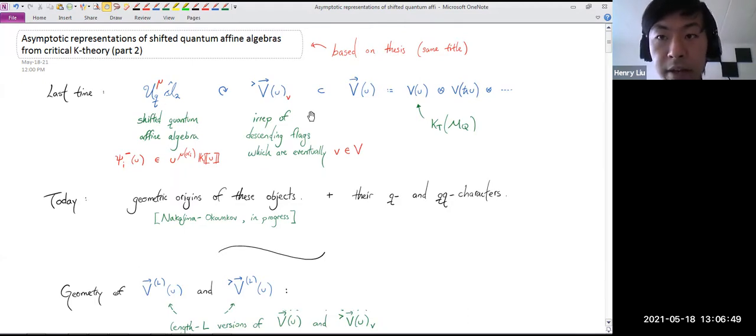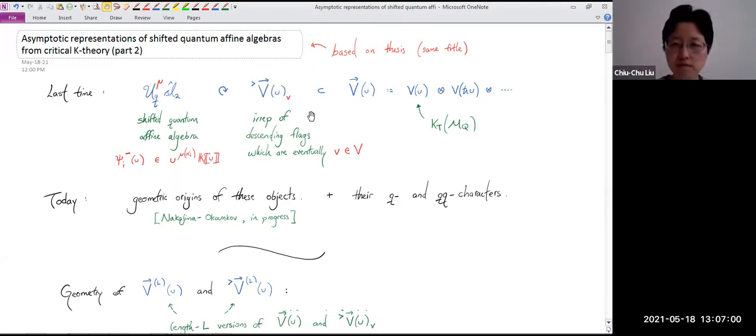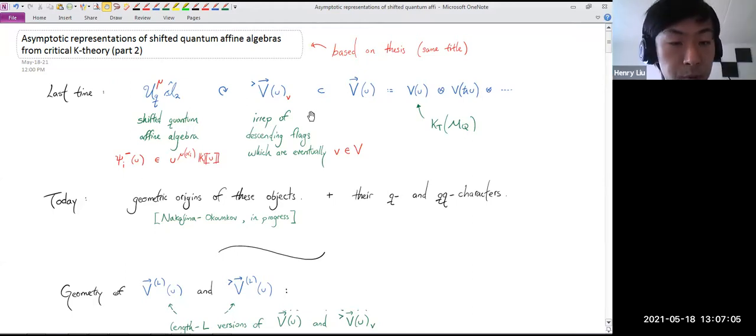And at the end, hopefully I'll have time to say something about the application of all this to the enumerative geometry of curves inside threefolds, which from a representation theoretic perspective will correspond to taking G equal to GL1 hat, which is slightly more complicated than G equal to SL2, but not by much, not at a conceptual level, at least.